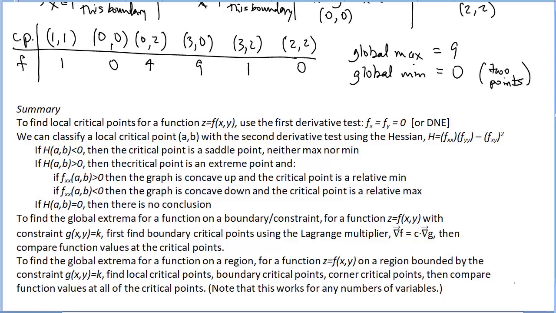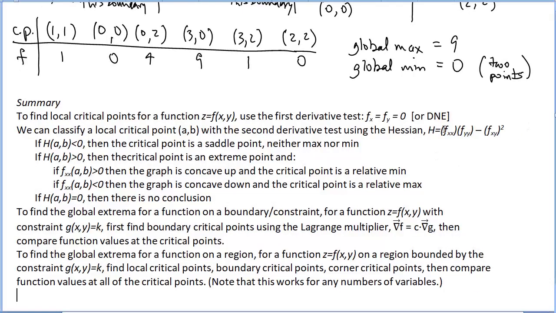And remember, the formula for the Hessian was fxx times fyy minus fxy squared. And remember that there's a 2-pronged part of the second derivative test using the Hessian. So first of all, if the Hessian is negative, your critical point is a saddle point. It's not a max or a min. If the Hessian at your point is positive, then the critical point is an extreme point.